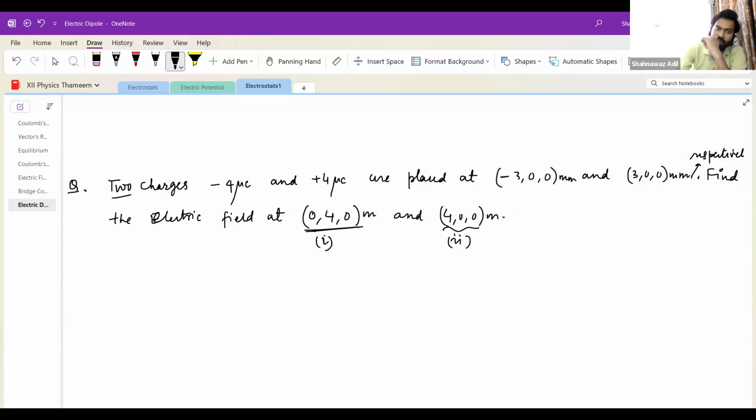You just draw the coordinates, you just draw the diagram, and then it will become easy.